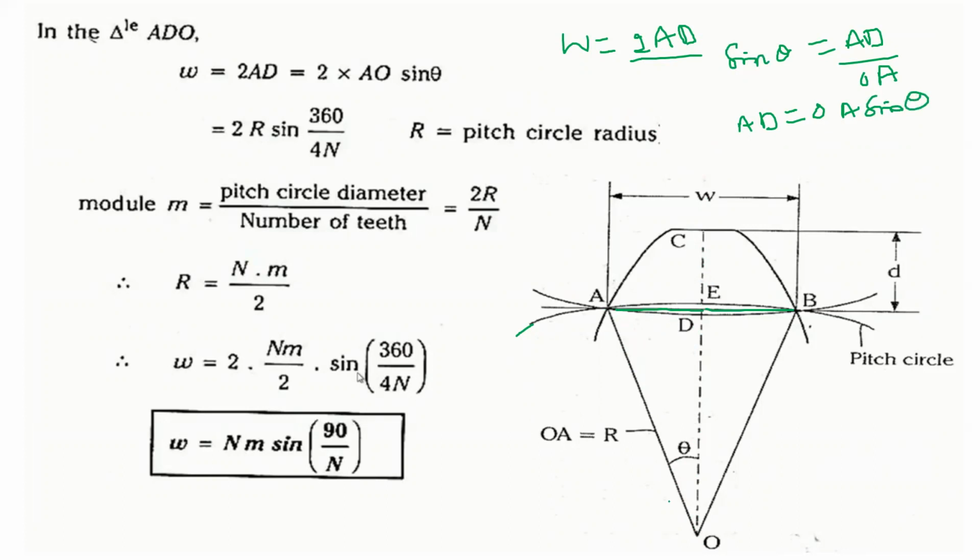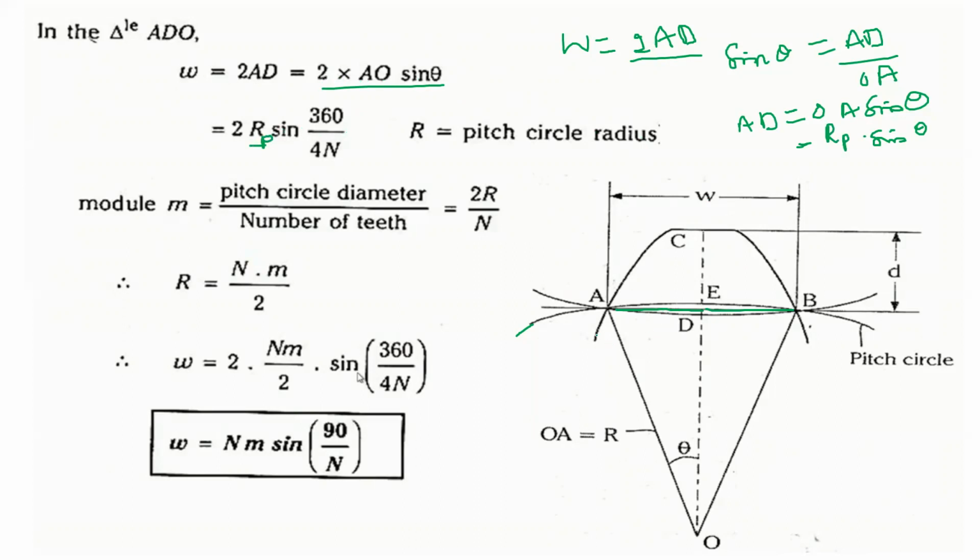What is OA? It is the radius of the pitch circle. So AD is the radius of the pitch circle multiplied by sine theta. Now if you substitute in this equation, W is 2 times the radius of the pitch circle multiplied by sine theta.